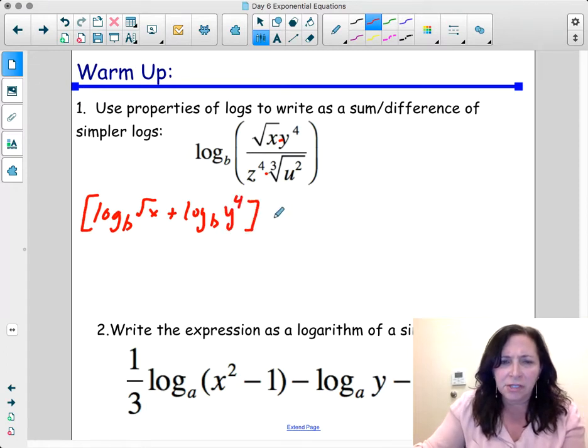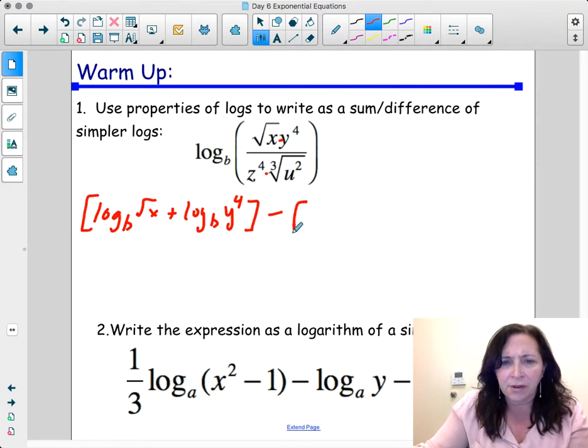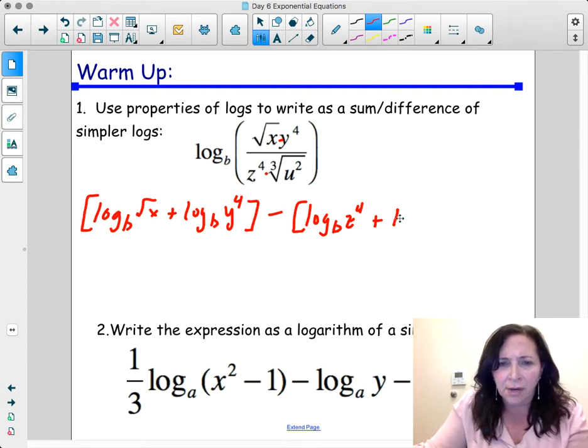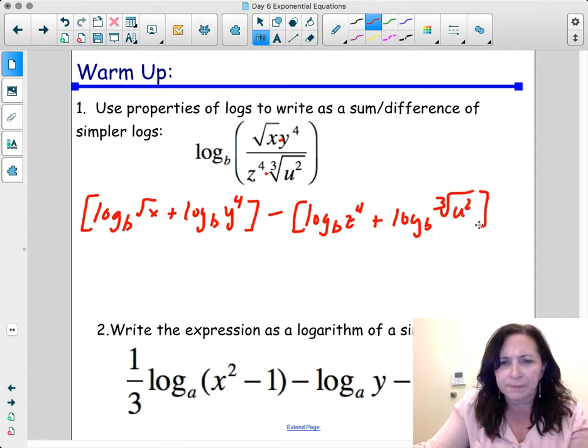And then this division is our minus. So now we have another part, which is going to be log base b of z to the 4th power plus, because of the times in here, using a product rule, log base b of the cube root of u squared.